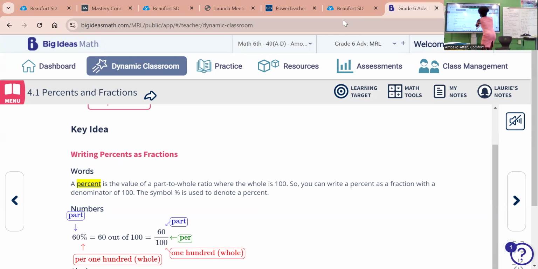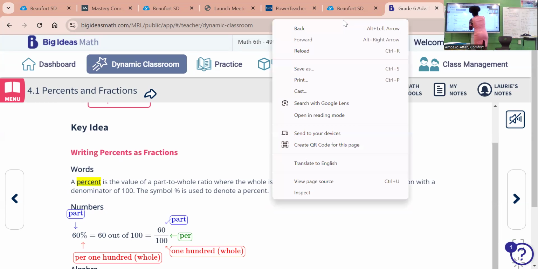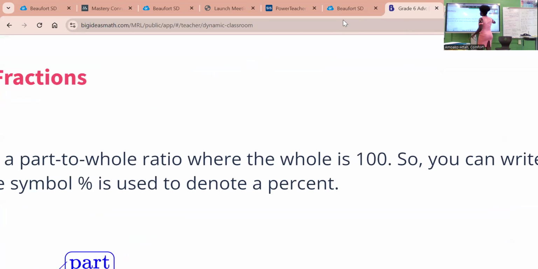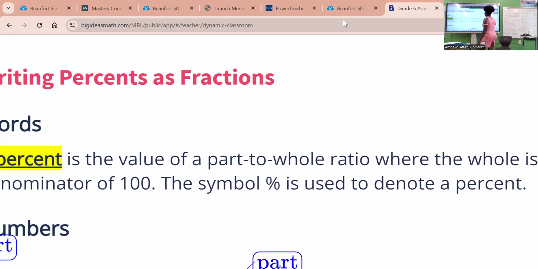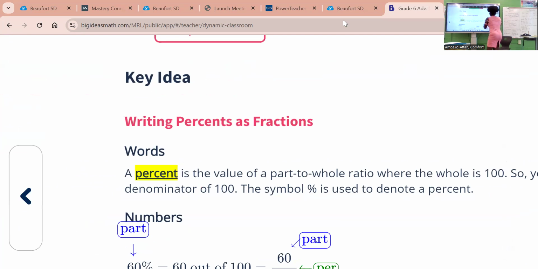So in this case, the 25 becomes part of the whole 100. So percent means the value of the part to whole ratio, where the whole is 100, right?